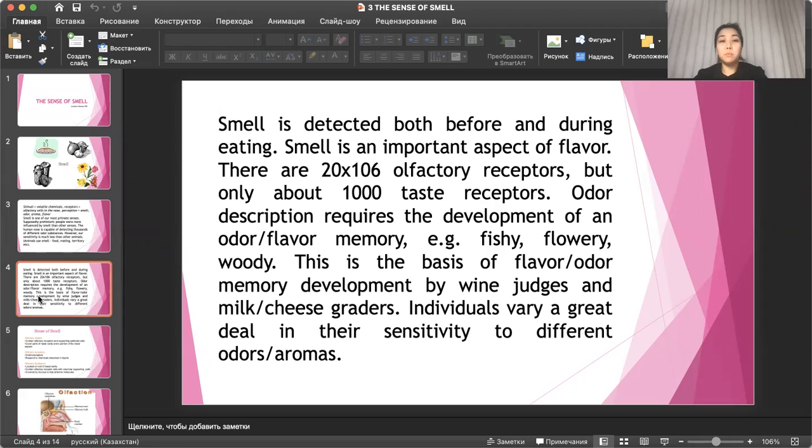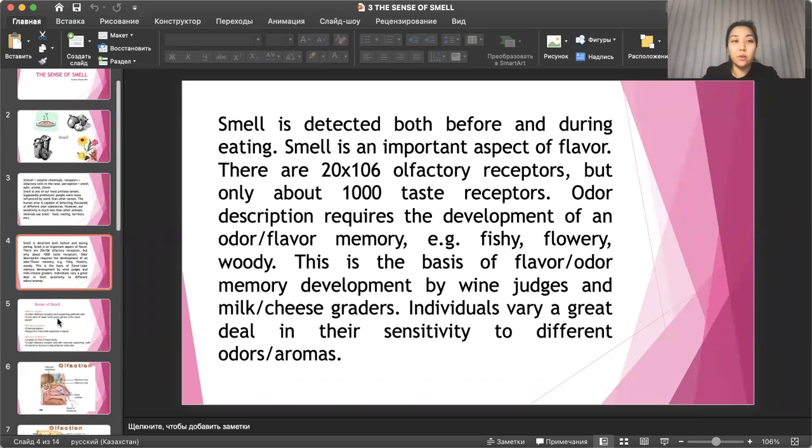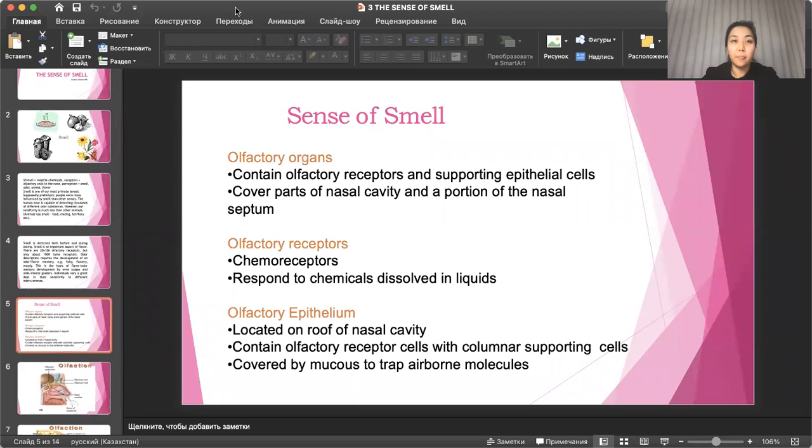All the description requires the development of an odor, flavor, memory: fishy, flowery, and woody. This is the basis of flavor and odor memory development by wine judges and milk and cheese graders. Individuals vary a great deal in their sensitivity to different odors and aromas.